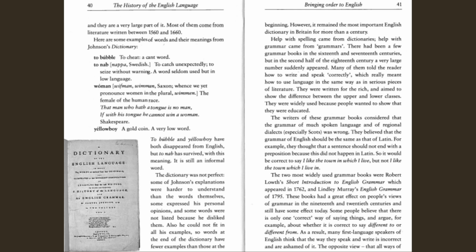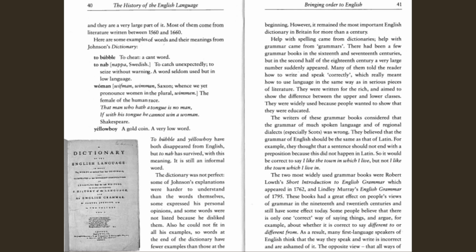Here are some examples of words and their meanings from Johnson's dictionary. To bubble: to cheat, a cant word. To nab, nappa, Swedish: to catch unexpectedly, to seize without warning, a word seldom used but in low language.